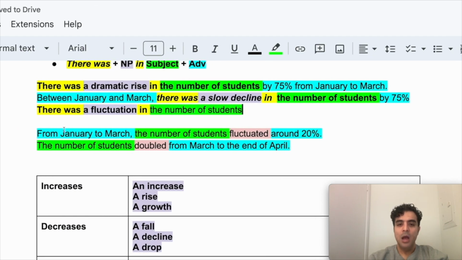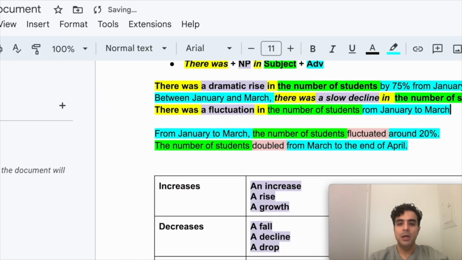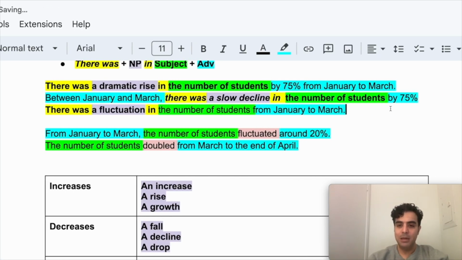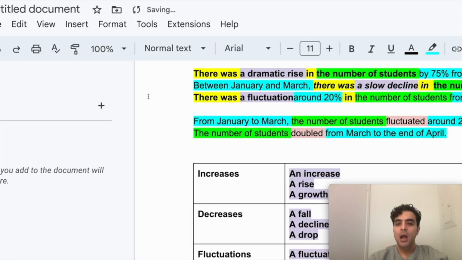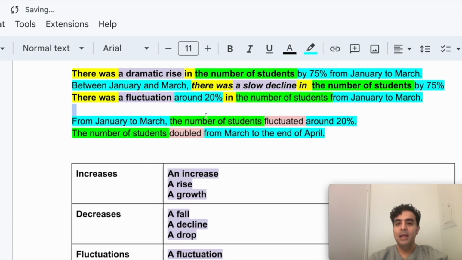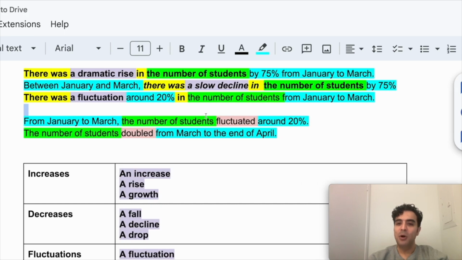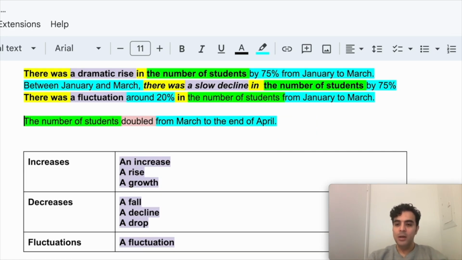And then I'm going to mention from January to March, the time period as well. Here, this comes at the end. And voila. Now, one thing I've missed in my example is this, around 20%. Where does this go? So we could say there was a fluctuation around 20% in the number of students from January to March. You see, every single element in the original verb phrase structure made its way to this new structure that I have.